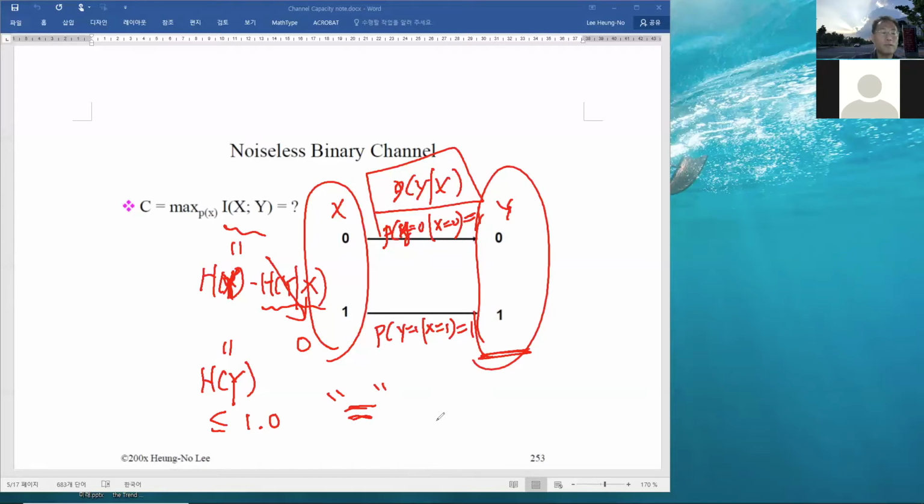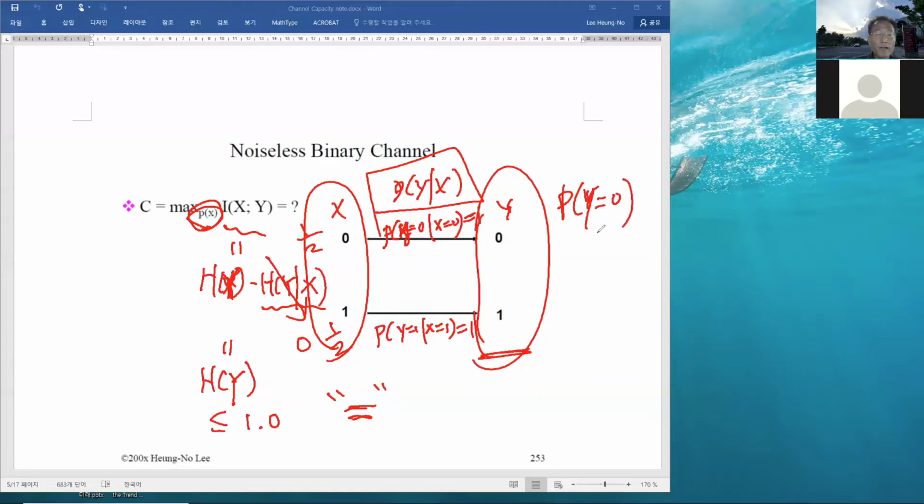But this is about maximization over the input distribution, not the output distribution. So how do you make the output Y equally distributed? By controlling the distribution of input X. That is the case when the input distribution is equally likely, equiprobable.